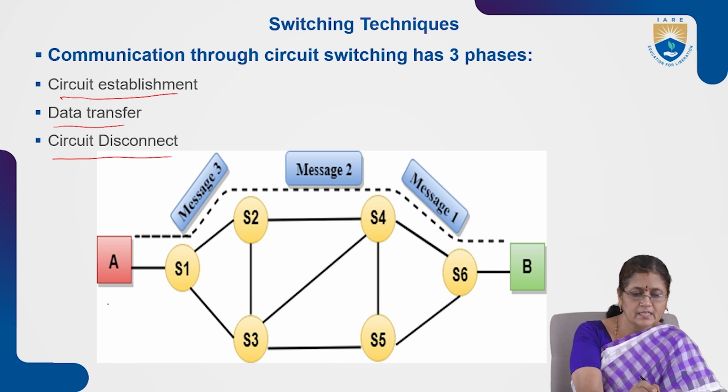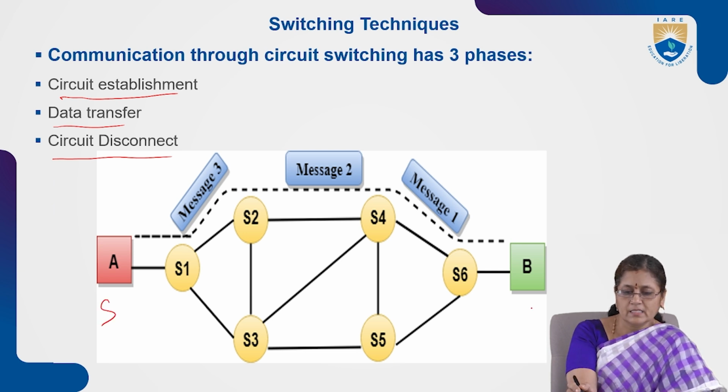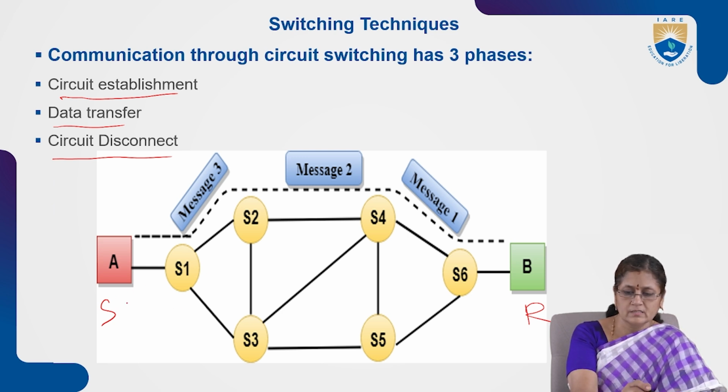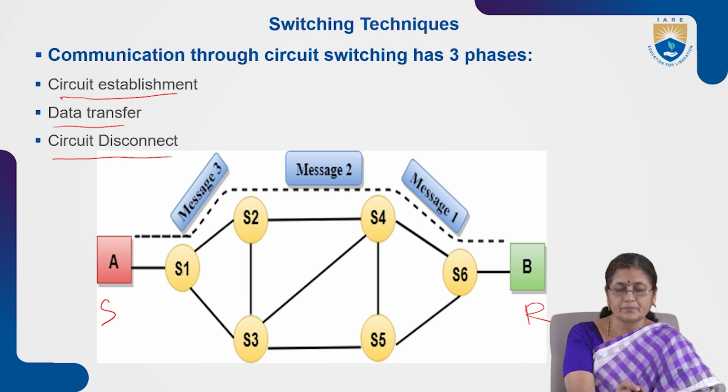A is the sender and B is the receiver, the sending end node and the receiving end node. In between, the nodes S1 to S6 are called the intermediate nodes, and via these nodes the messages are sent.